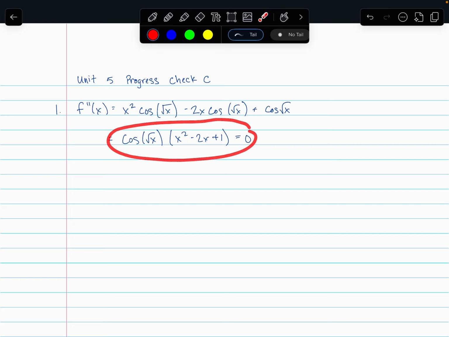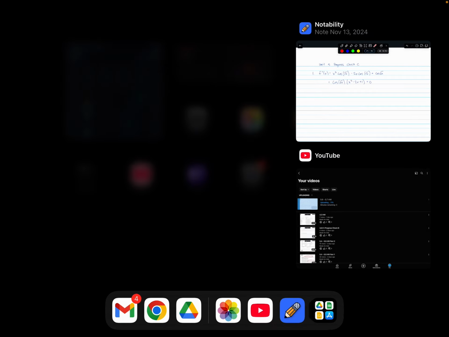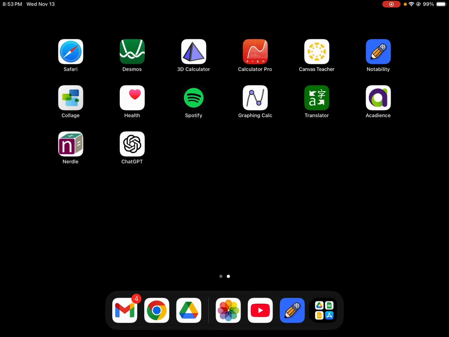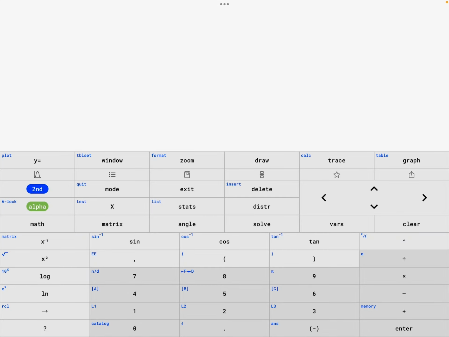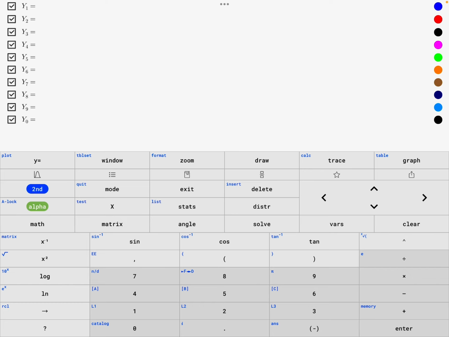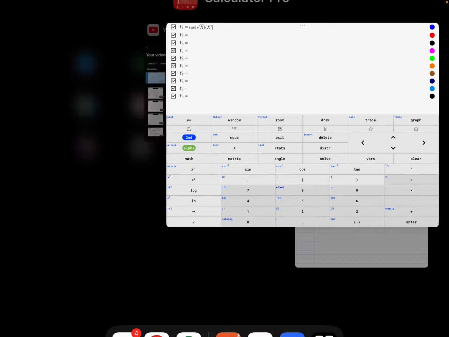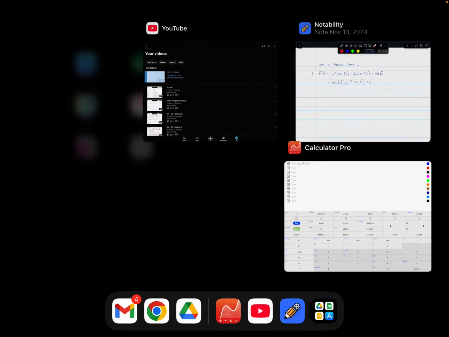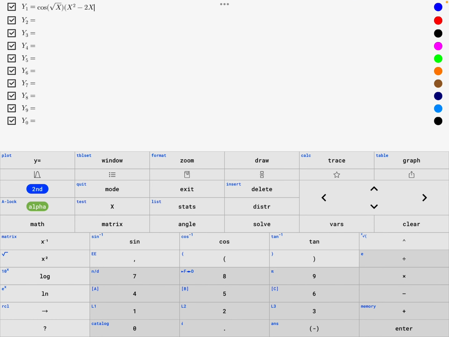I can graph this right here. So go to y equals, cosine of the square root of x, and then x squared minus 2x plus 1, was it?